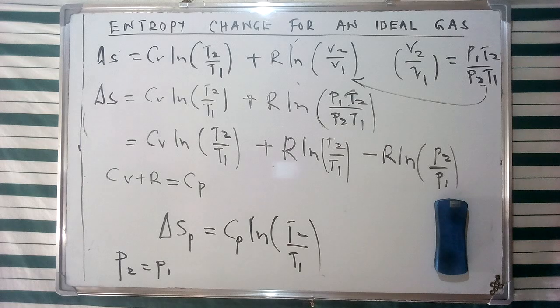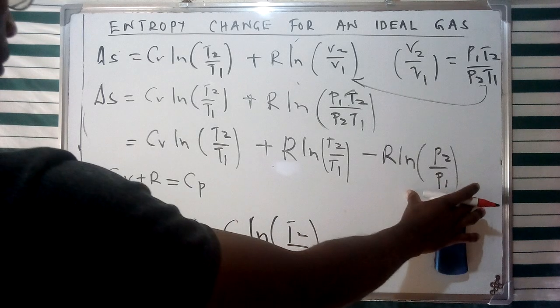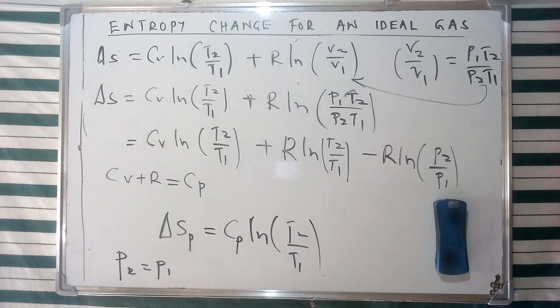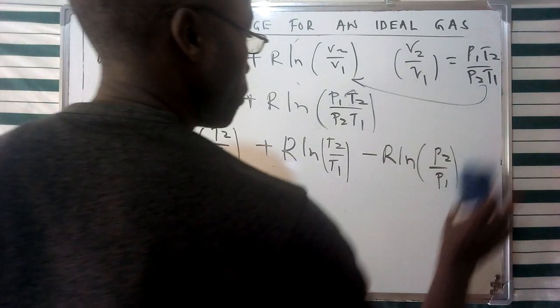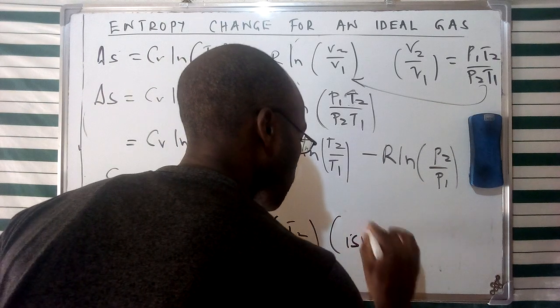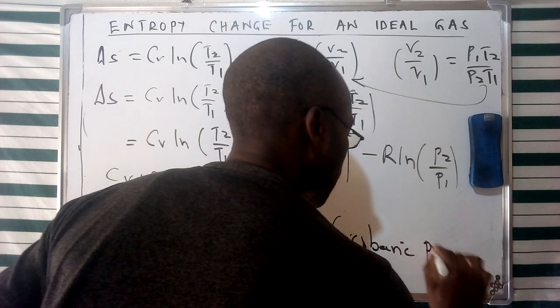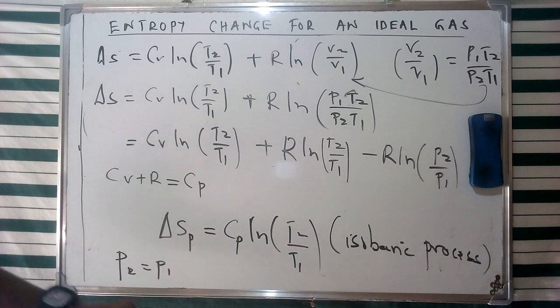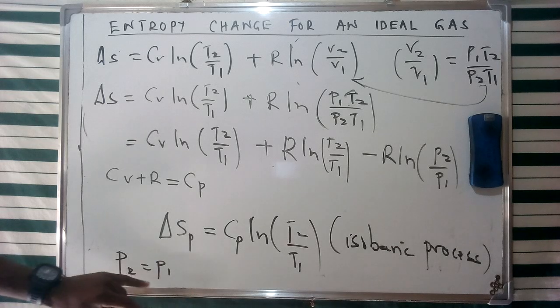So we're going to have this one referred to as an isobaric process. So the isothermal process is for the constant temperature, T1 equivalent to T2.